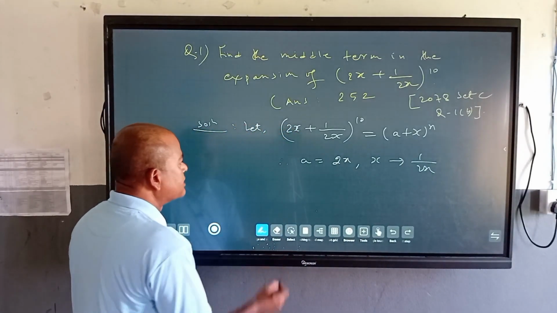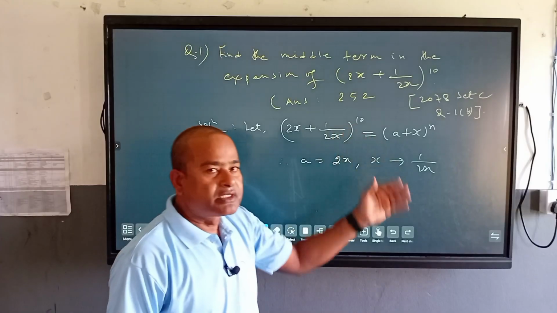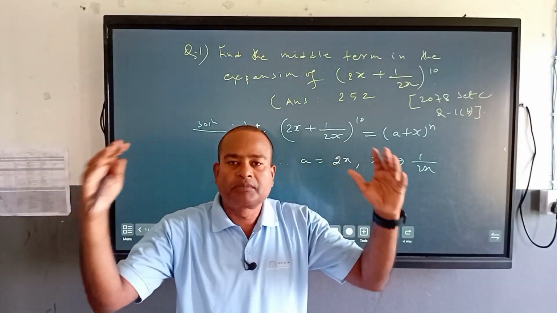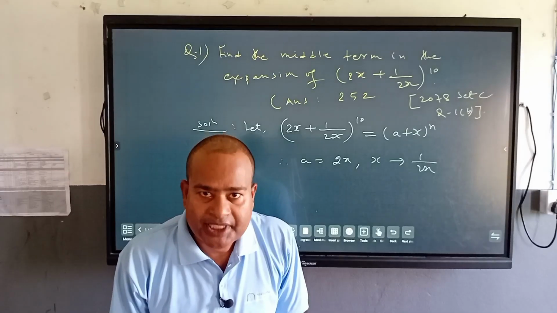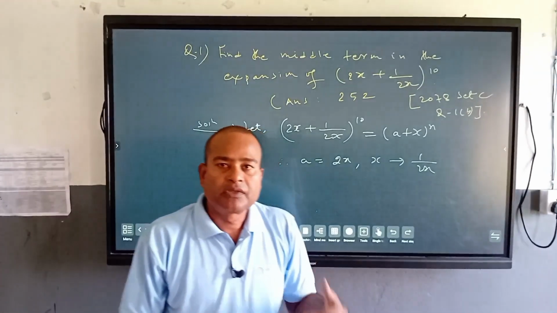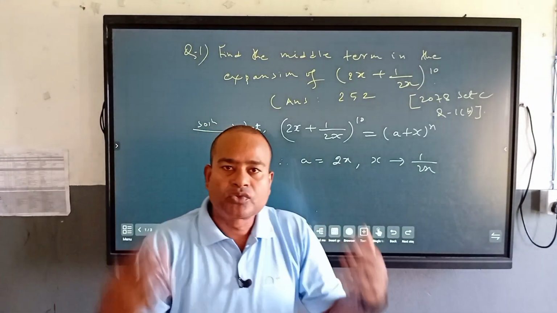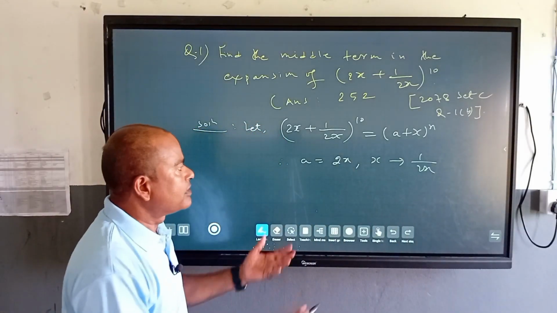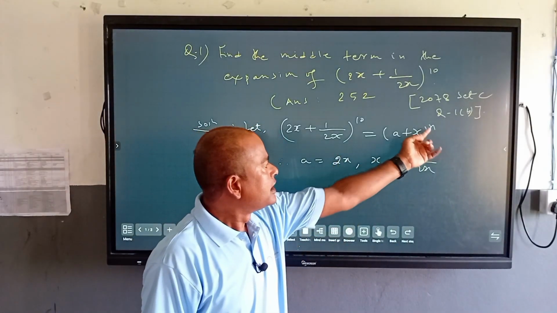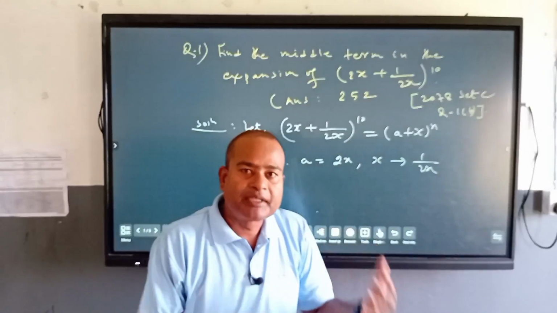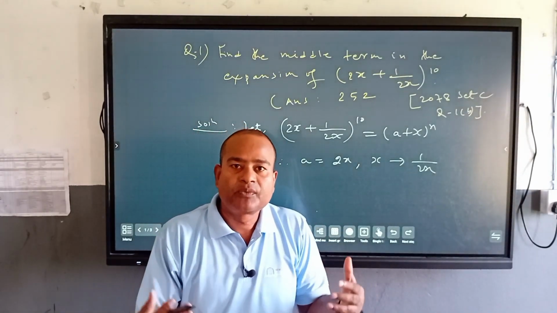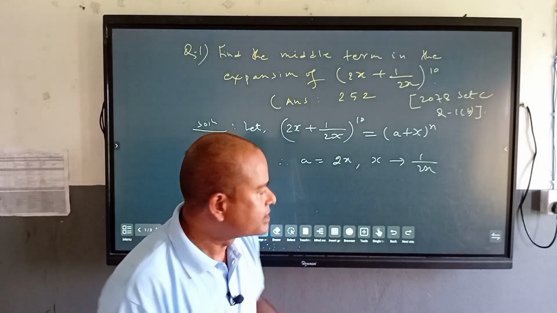So dear students, to find the middle terms, at first we have to determine the total number of terms of the given binomial expansion. We know the formula of the total number of terms of a binomial expansion is n plus 1. That means if we add 1 to the power of the given binomial expression, then we get the total number of terms.